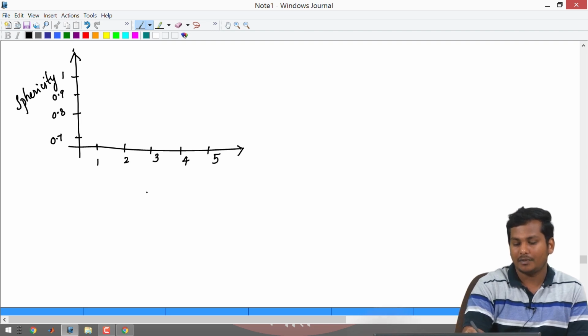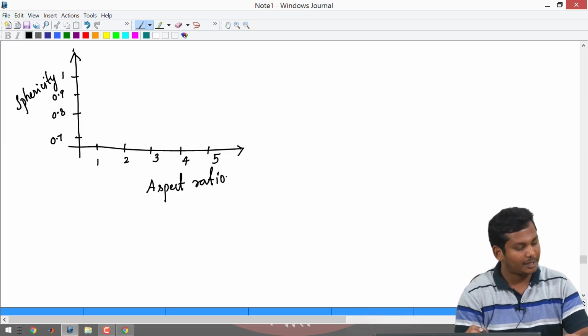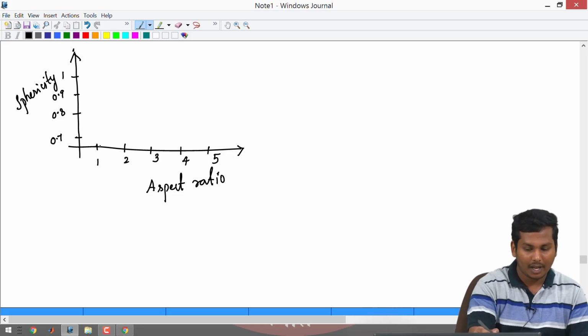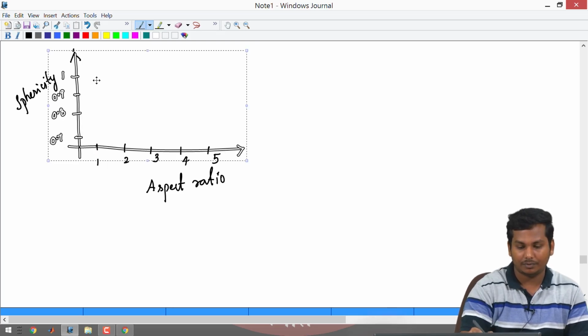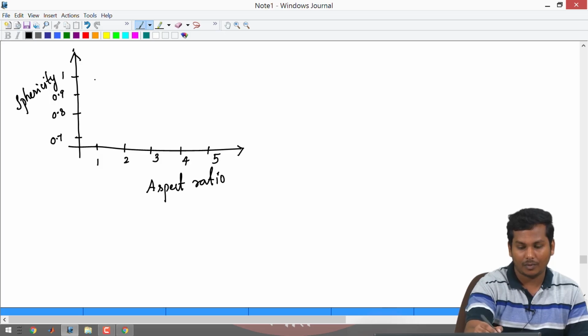So, in the x axis we have aspect ratio and on the y axis we have sphericity, and for the first one the aspect ratio was 1.3 and comes out to be here, 1.3. For that the sphericity is around 1, which is 0.9845, something around there.